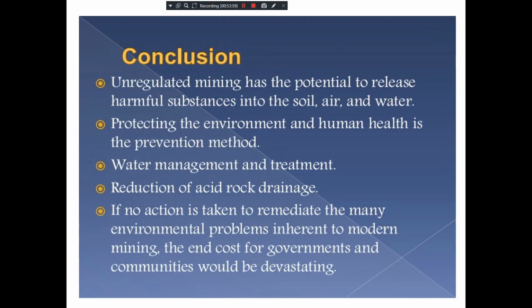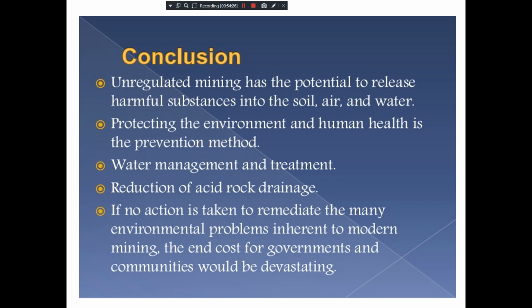So that's why, whatever mining takes place, we should minimize it as far as possible. We should concentrate on reusing the metal ores, because these are non-renewable natural resources. If we exploit all these minerals and ores from the earth's crust, a day may come when our children may be left with no such minerals.